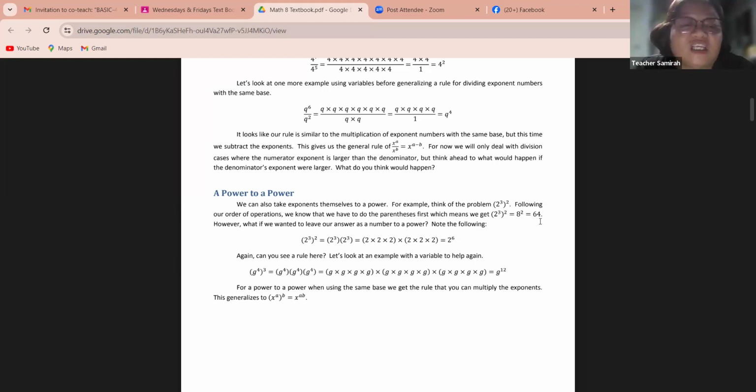But if you simply look at this, G to the power of 4, quantity to the exponent of 3, will automatically be G to the power of 12. Why? We simply multiplied 4 times 3, which equals 12. Just the same, right? You can simply illustrate it if you do not understand, or you can simply multiply for the shortcut.